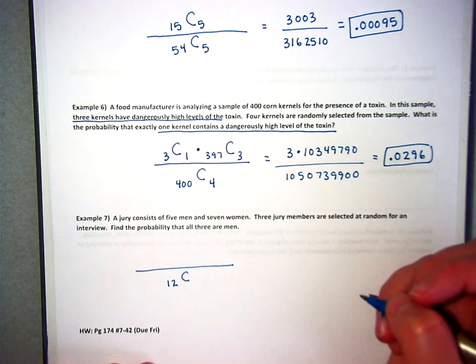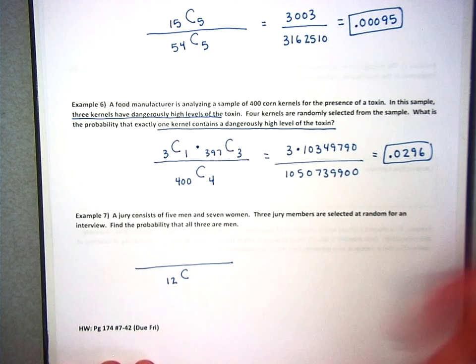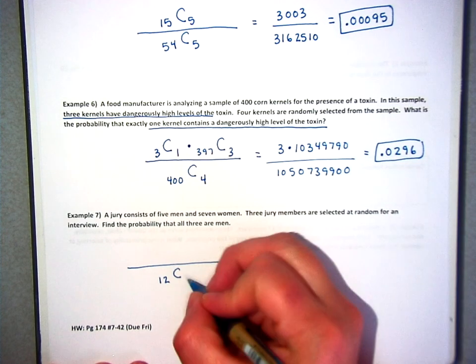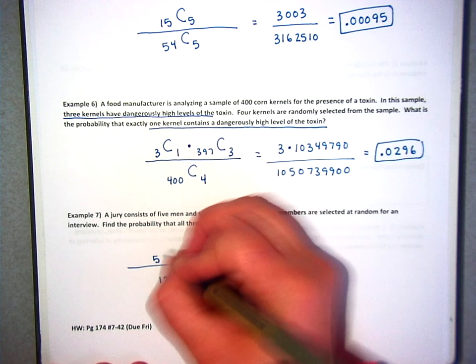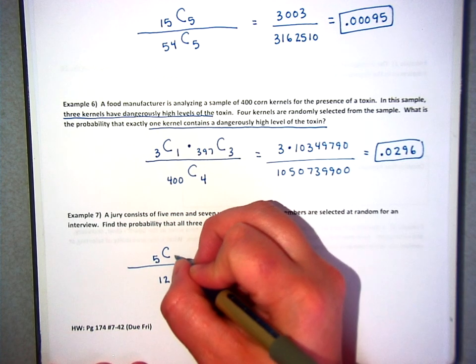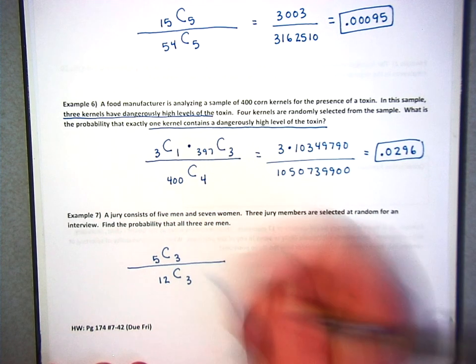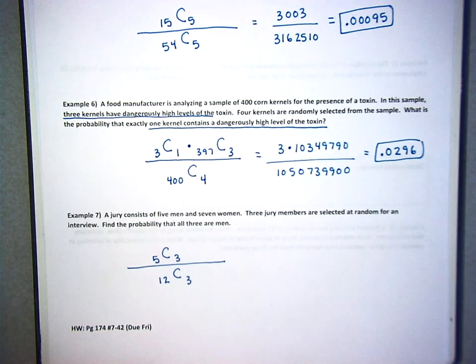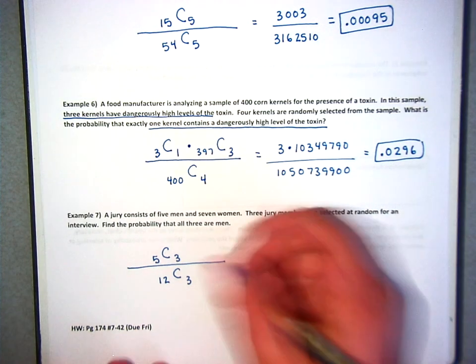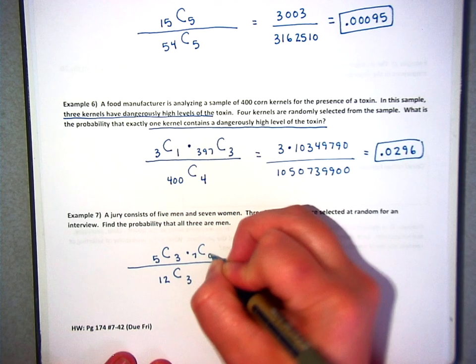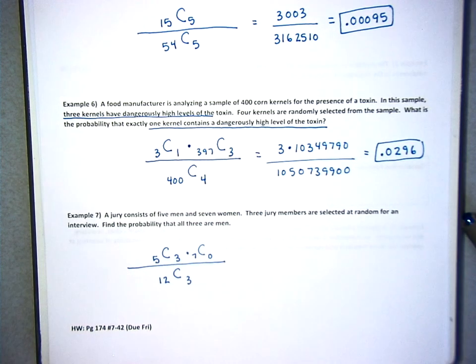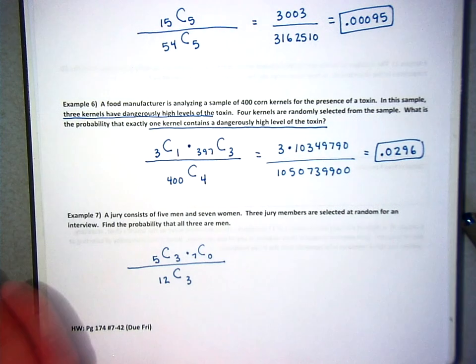If you're going to work as a group, then talk to each other. There's 5 men, 7 women, and we want 3.